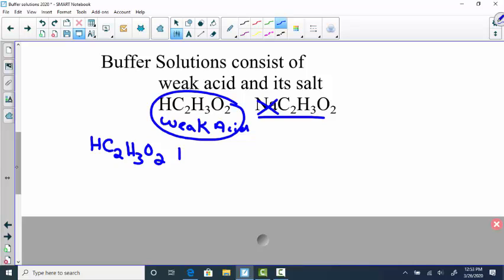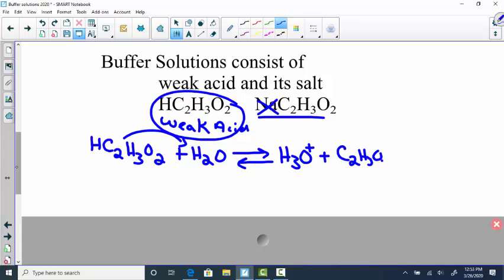So if I start with acetic acid and I add it to water, what is going to happen, since this is the weak acid and we know that, we're going to get H3O plus and C2H3O2 minus, okay?